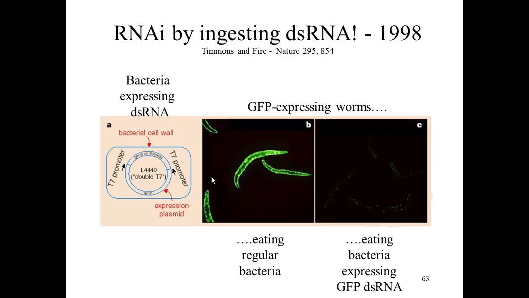Here we see C. elegans, which is expressing GFP. They ate a bacteria that contained a plasmid that made double-stranded RNA, the same sequence as GFP, and after the worms eat the bacteria, then double-stranded RNA gets made. Dicer and RISC combine to chop up all the GFP mRNA. No GFP protein gets made.